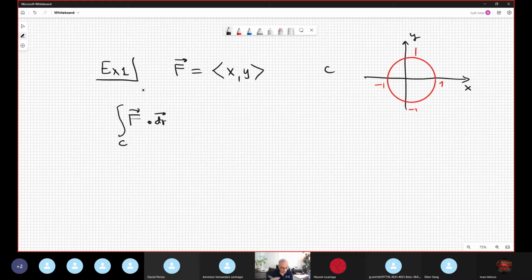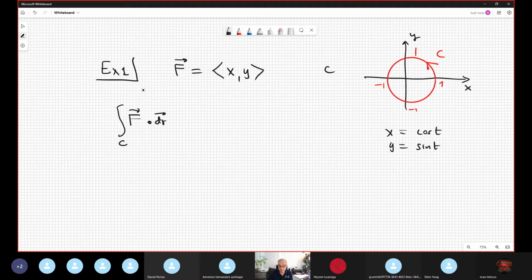Okay. Now, the best way to parametrize is using the famous cosine and sine. And the orientation, guys, is the classical orientation. Don't complicate this. Counterclockwise. So obviously it is cosine t, because the radius is 1, and sine t.